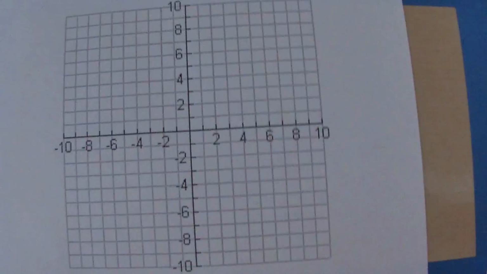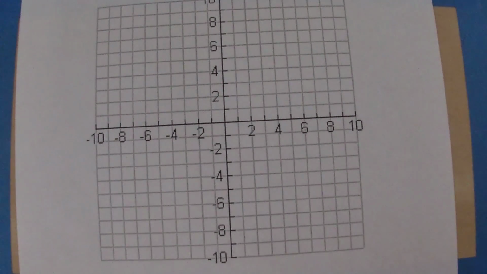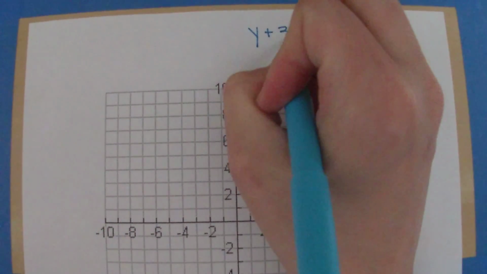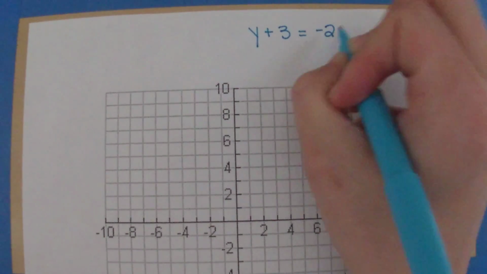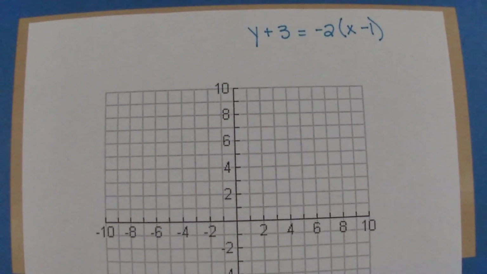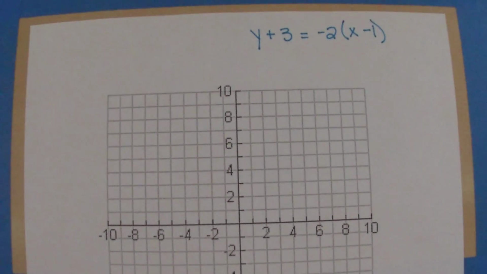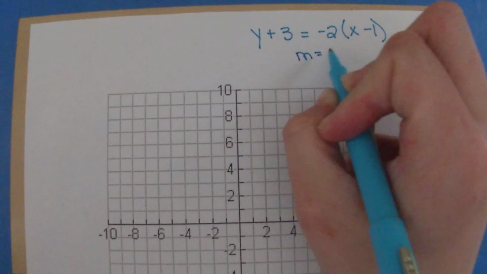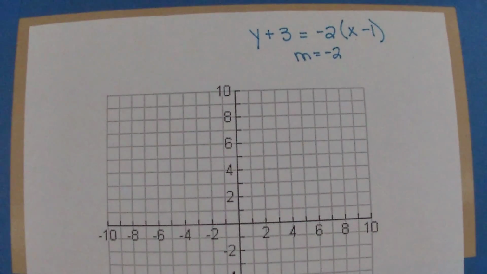So we'll look at another one of those just to make sure we're really good. Let's say we want to do y plus 3 equals negative 2 times x minus 1. So we'll find our important information. Our slope is negative 2.